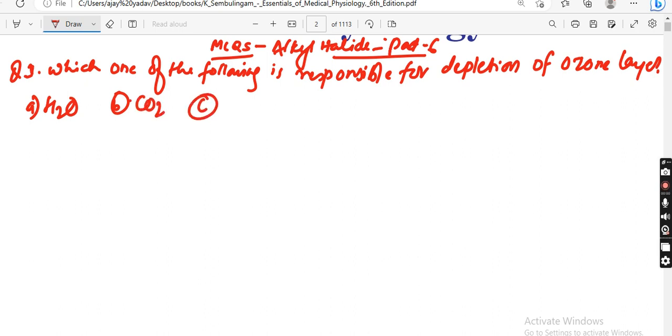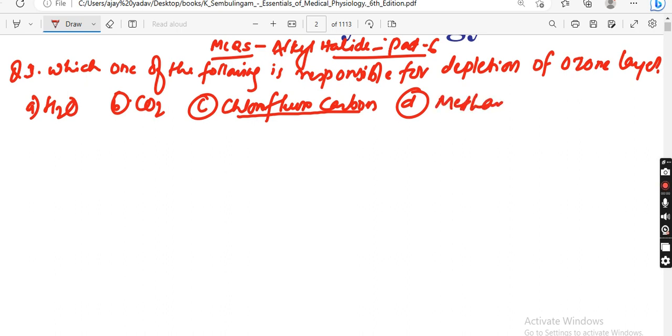C, chlorofluorocarbon. This is the most important one. And methane, not really. So chlorofluorocarbon is the main cause of depletion of ozone layer.